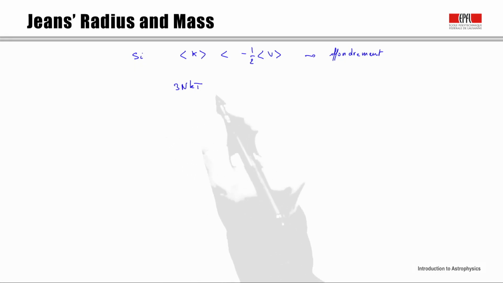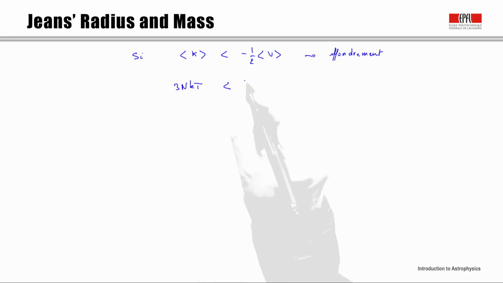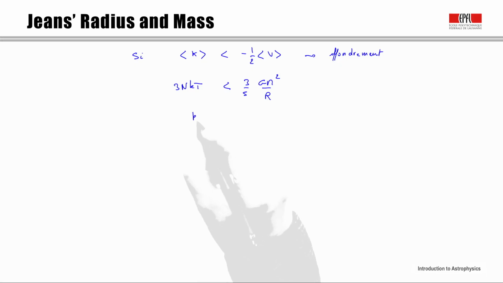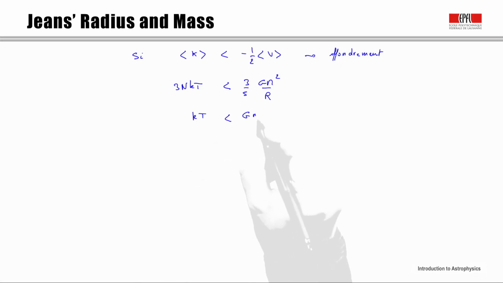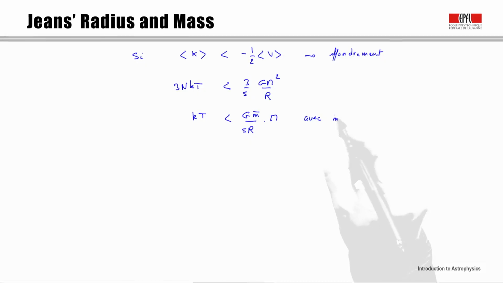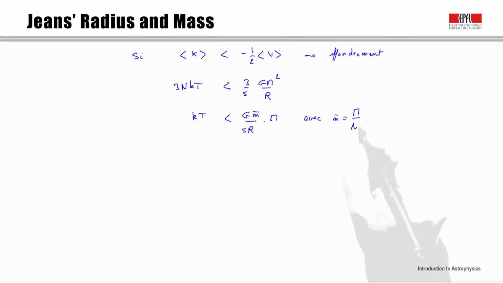We have 3NkT less than 3/5 GM squared divided by R. By rearranging the terms, we have kT smaller than G m-averaged, which we introduced in previous videos, over R times M, with m-averaged being the mean mass, M over the number of particles.